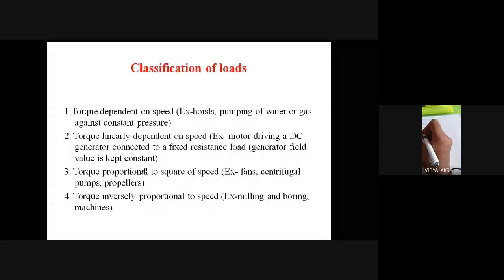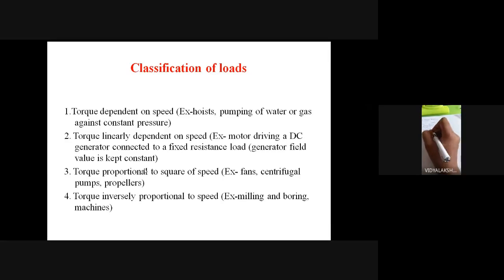Before that, you should know the various notations used in the fundamental torque equation. First one is J, which is the inertia of the motor load. Omega m is the angular velocity of the motor shaft.